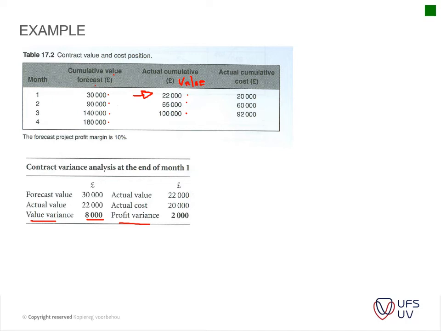Your profit variance is very simply your actual income or cumulative value minus your actual cost, which is 2,000. That's for month 1.